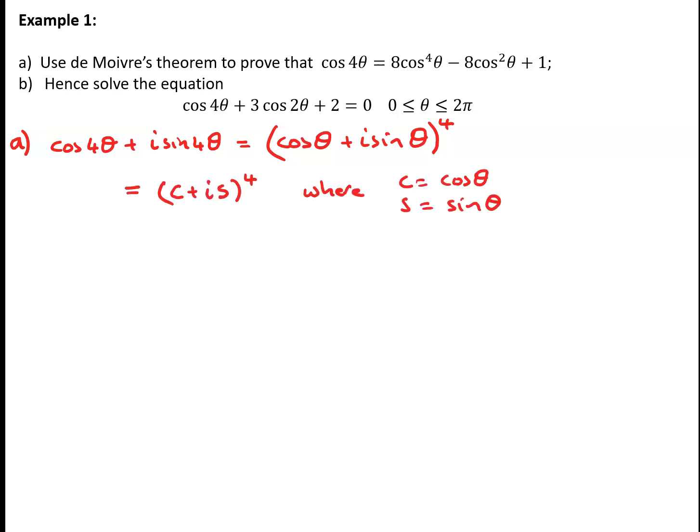If I introduce the shorthand c equals cos theta and s equals sine theta, then I've got cos 4 theta plus i sine 4 theta is c plus is to the power 4.